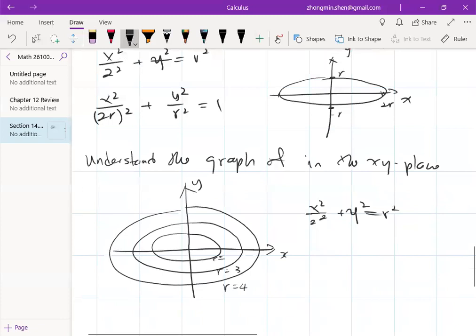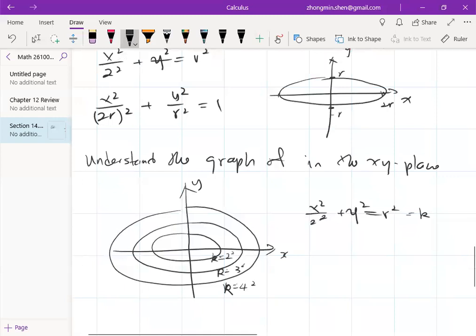I'm going to put a k here, use k instead of r. So k could be 4 squared, 3 squared, and 2 squared. So you get a bunch of curves, ellipses, in the xy plane.